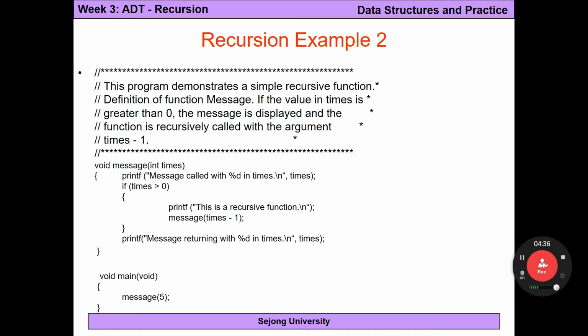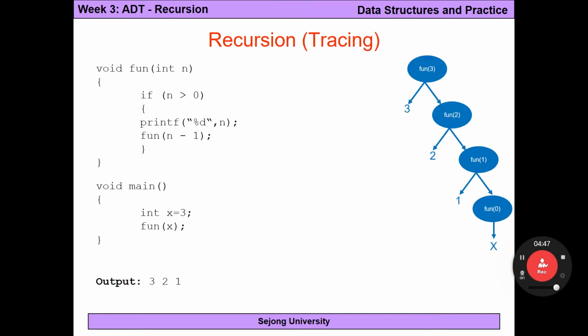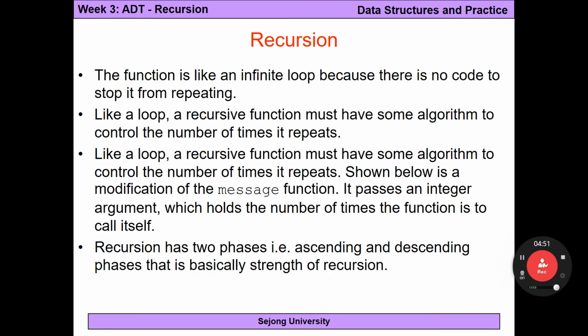As we mentioned in the previous slides when we were talking about the definition, it has very strong behavior. Recursion has two phases, an ascending as well as a descending phase. That is basically the strength of recursion. This is what I mean.